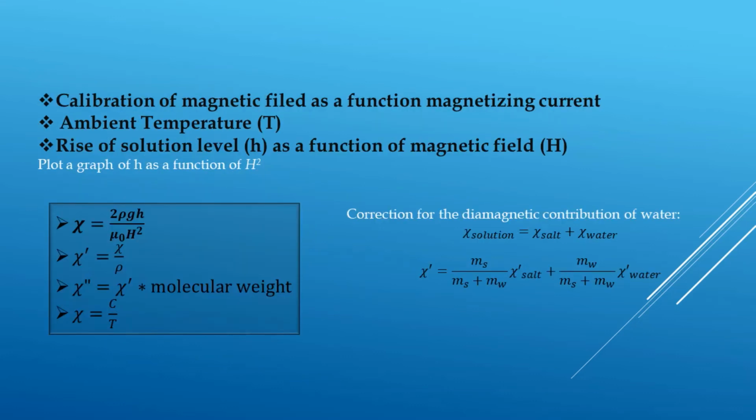The second part is the calibration of magnetic field as a function of magnetizing current. Why is this calibration needed?